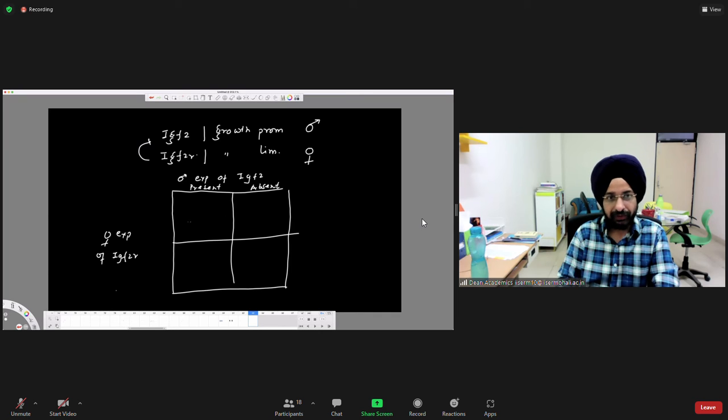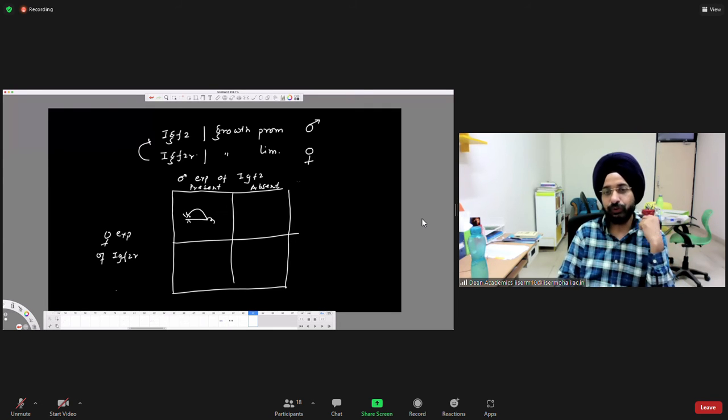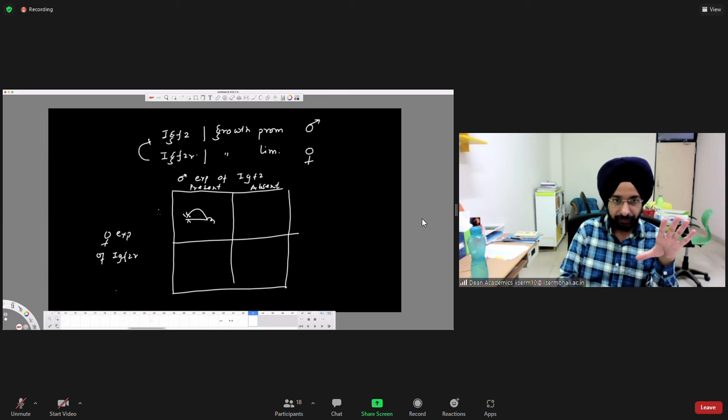So what will be the mice phenotype? Let's say you have paternal expression, IGF2 is present, and maternal expression, so you will have a normal mouse. What will happen if IGF2 is absent from the paternal chromosome, while IGF2R is present on the maternal chromosome?